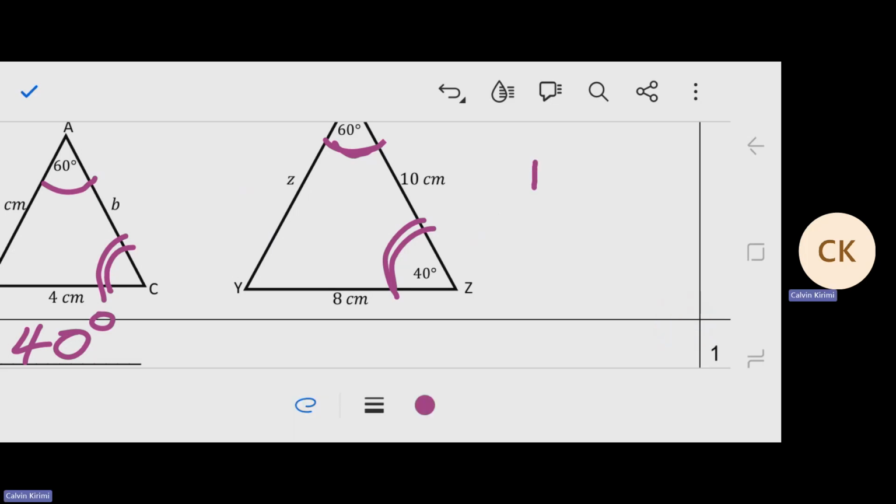We start with the side: 10 over 8 is equal to B over 4. The order matters. So we started with this side, and must also start with this side over that side.